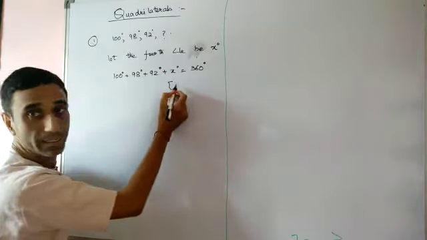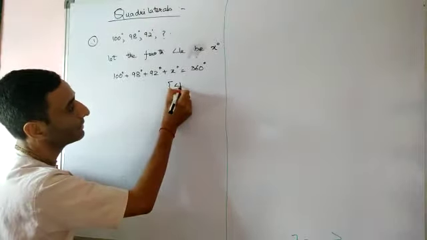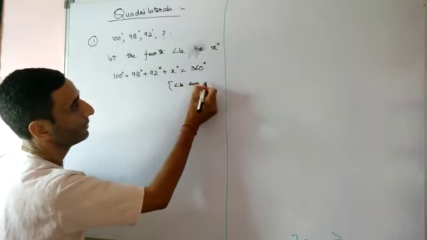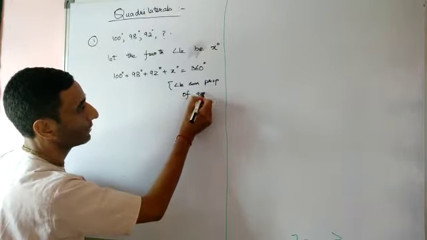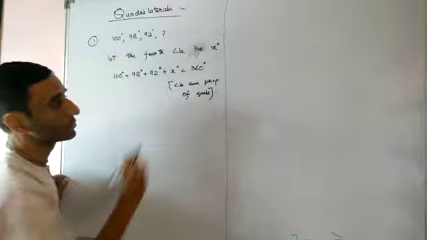In the bracket you can write the angle sum property of quadrilaterals.